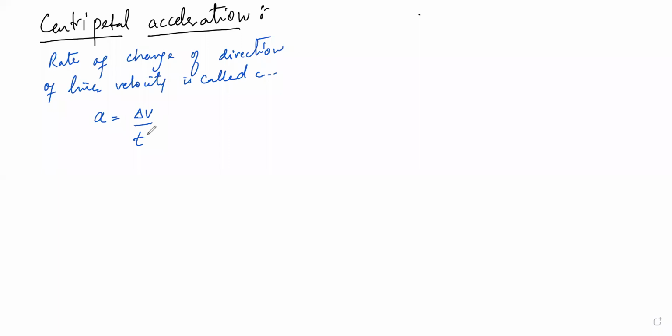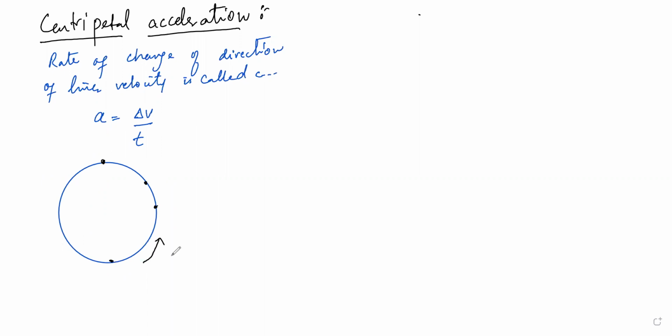Now, when an object is in circular motion, as we saw, it's at different points. Suppose the object is initially at this point, then moving to this point, in between, even at this point. It's moving like this.